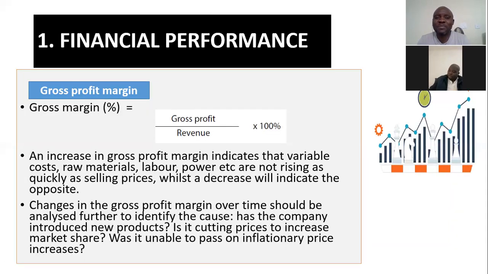And when you check, let me go back. When you check on the gross profit margin on any ratio, the solution lies in the formula. So if you are advising management, you are saying, therefore management is advised to look at these issues.